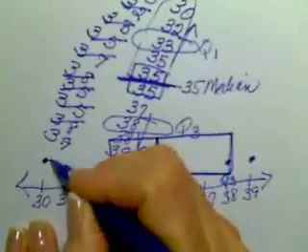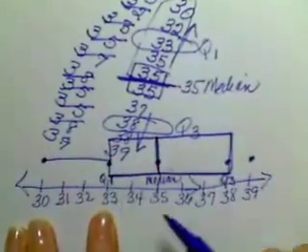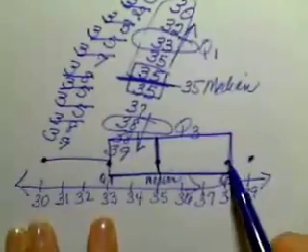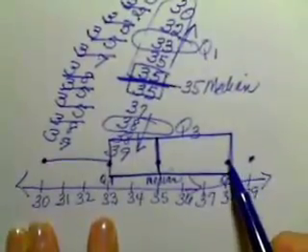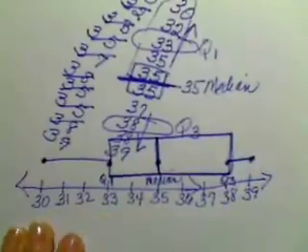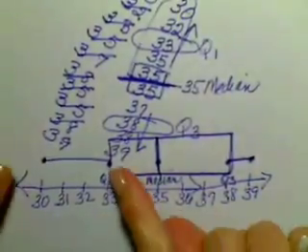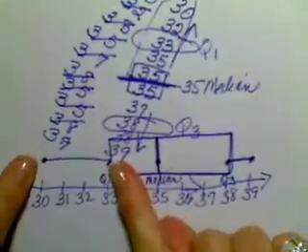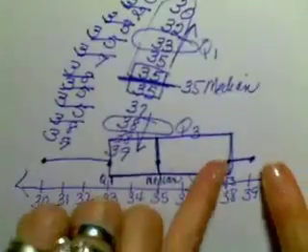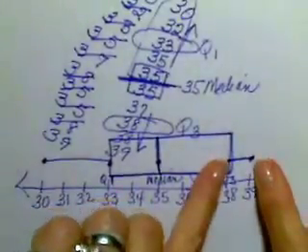and I connect with a segment from the minimum up to quartile 1 and a segment from quartile 3 to the max. Now notice that the line from quartile 1 to the min is a lot longer than the line from quartile 3 to the max.